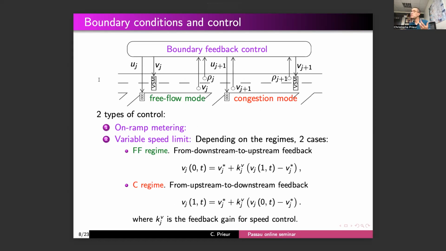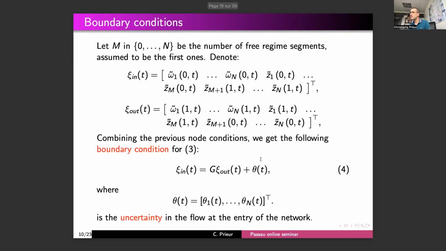So it gives you a function theta of time t, which is a vector, which we will see as an uncertainty around a given value, and it is the flow of vehicles that are at the entry of the network.